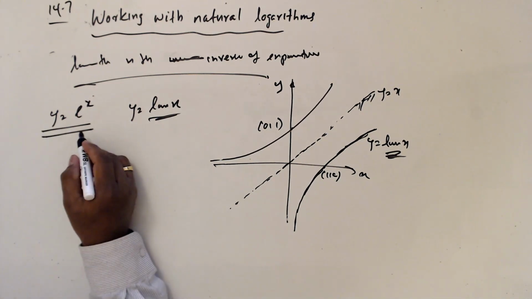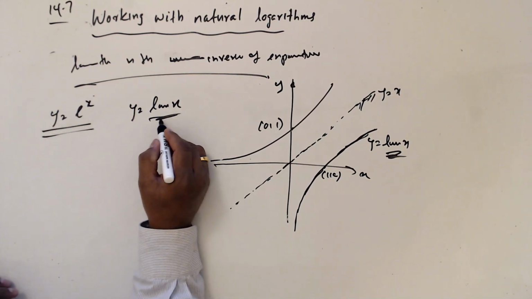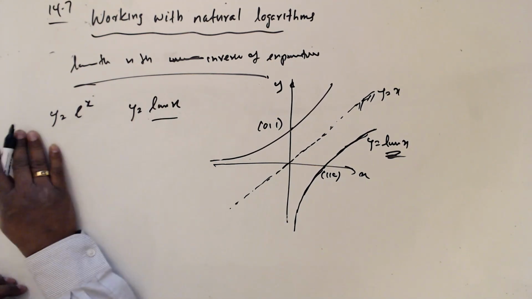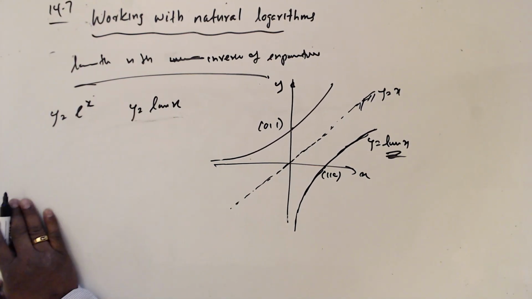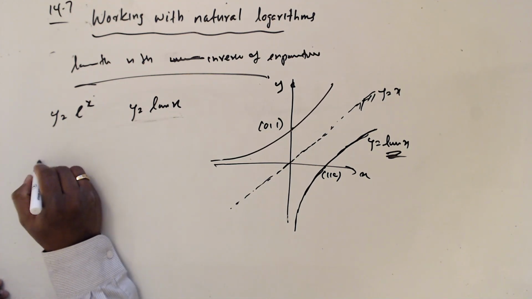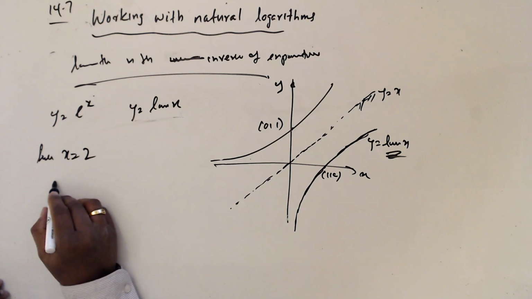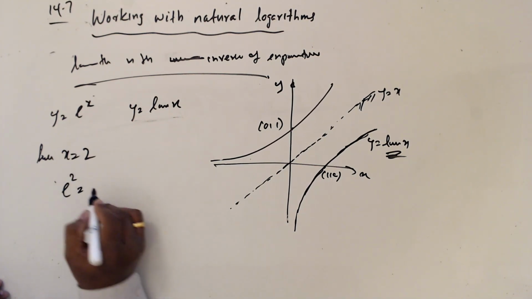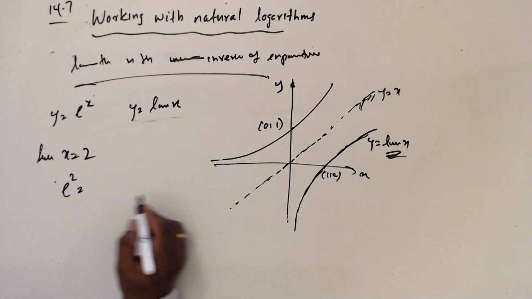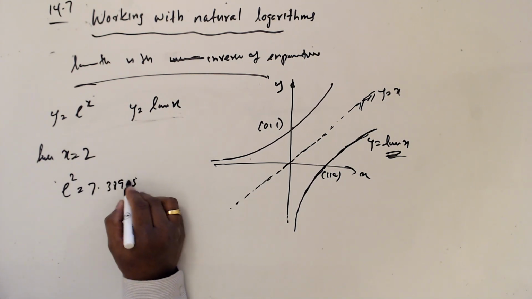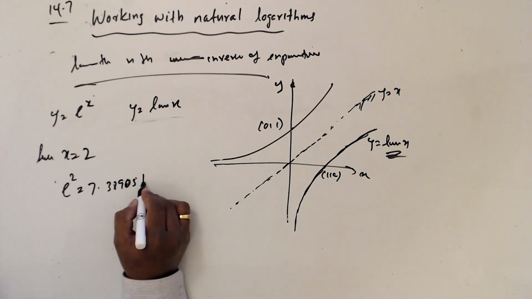So y equal e to the x, and its inverse function is ln x. If you want, we can check this with an experiment. Take x equal to 2, then what is e squared? It is 7.389056099.